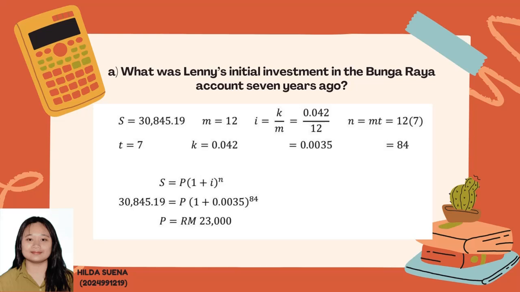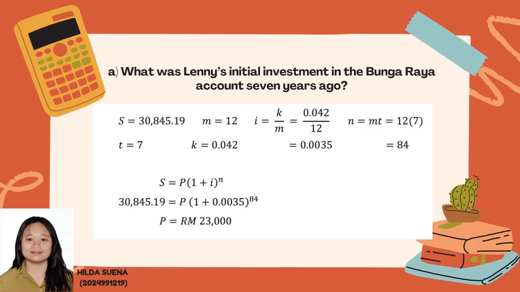To find value i and n, we're going to calculate value i by k divided by m, which means 0.042 divided by 12 equals 0.0035. As for n equals m times t, which means n equals 12 times 7 equals 84.